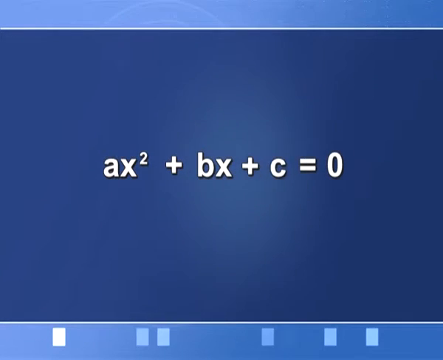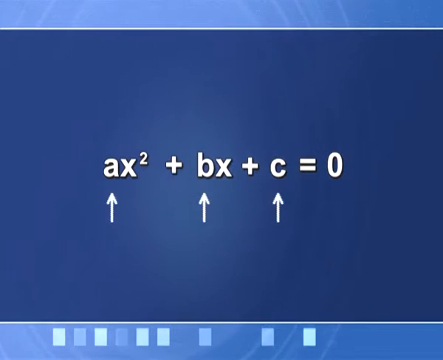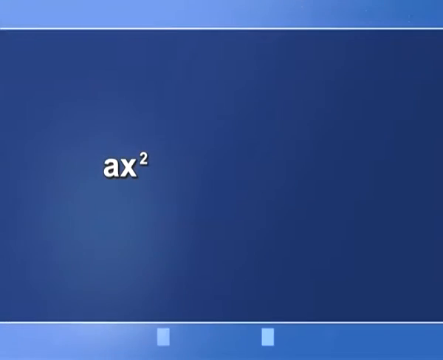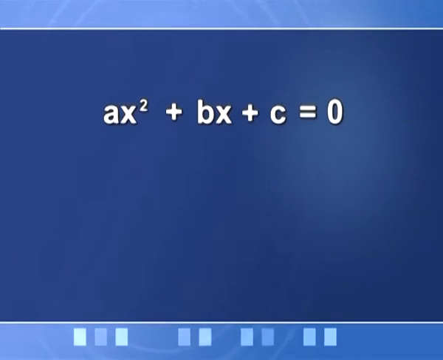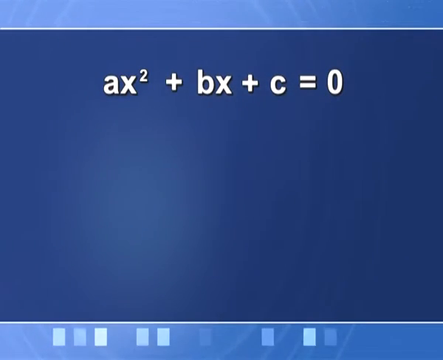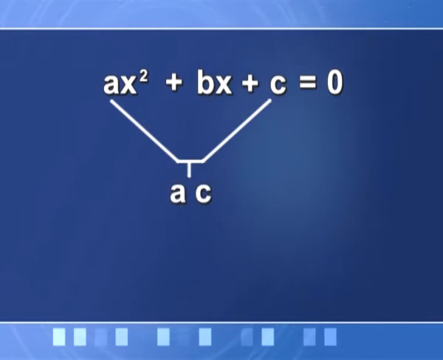Let us try to see what happens in case we take c to the other side, but then factorization is going to involve operation with a, b and c. Recall the factorization that you have done in your earlier class. Whenever ax² + bx + c is such that x² has got a coefficient a and the constant term is c, we multiply these two and thereby I get ac.